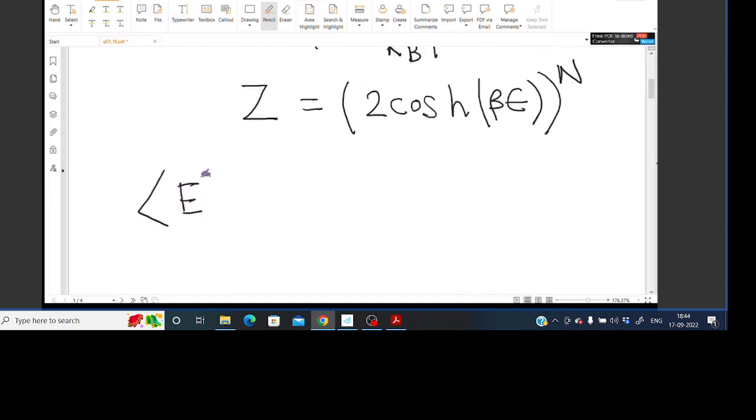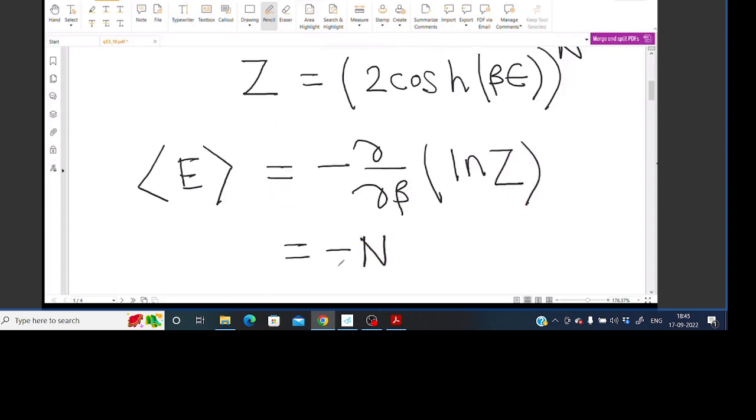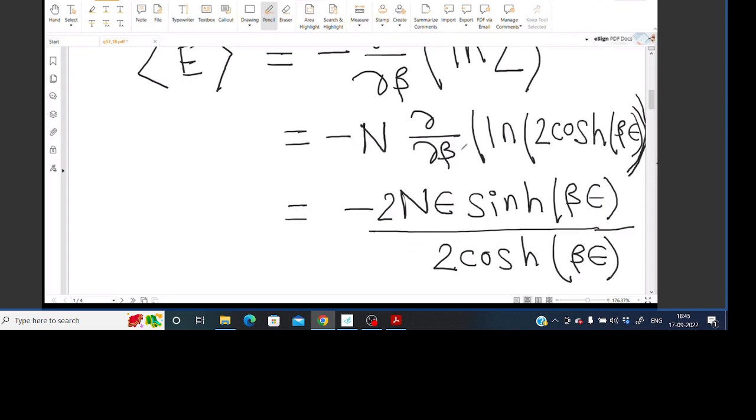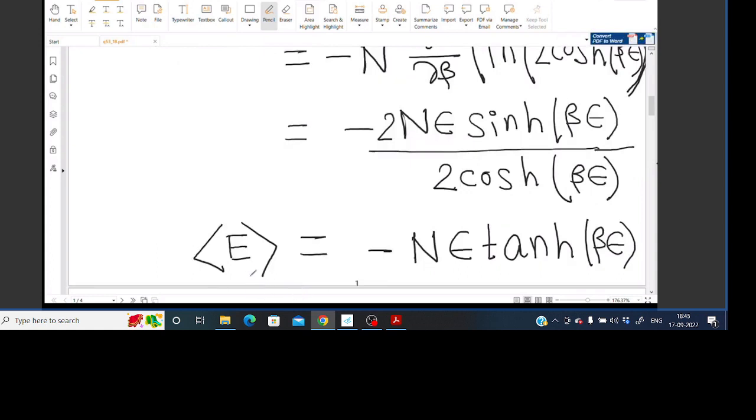Now the average energy is given by minus del del beta log Z. This can also be written as minus n del del beta log 2 cosh(beta epsilon). Taking differentiation with respect to beta, we get 2 epsilon sinh(beta epsilon) by 2 cosh(beta epsilon). So we found that average energy is equal to minus n epsilon tanh(beta epsilon).